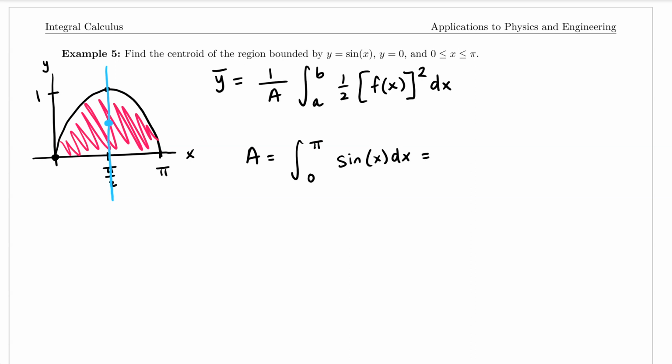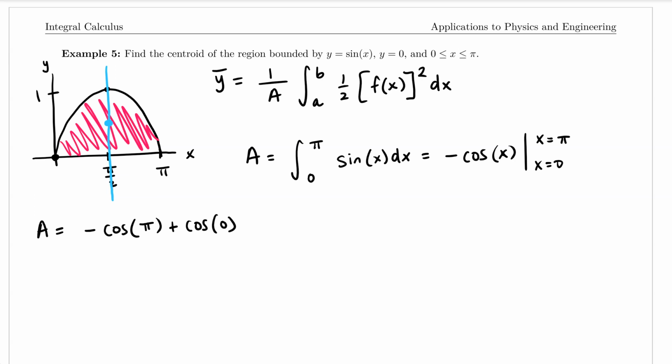The antiderivative of sine is negative cosine. And so we'll get capital A, or the area, is equal to negative cosine of pi plus cosine of 0. That is equal to negative 1 plus 1, and so that is going to equal 2. So this shaded region has an area of 2.